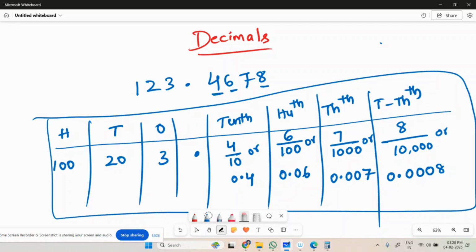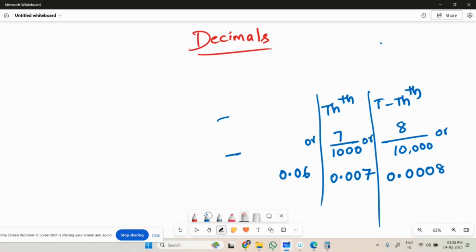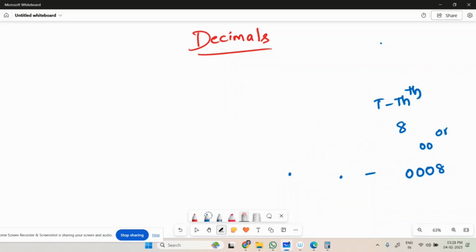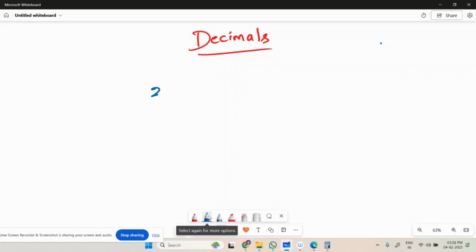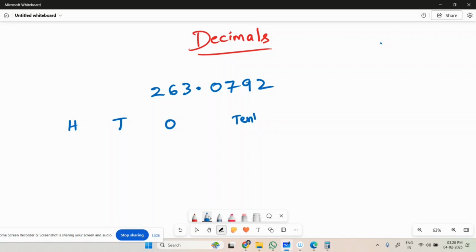Let's take one more example for the decimal place values. 263.0792. Ones place, tens place, hundreds place, tenth place, hundredth place, thousandth place, ten-thousandth place, we will write.